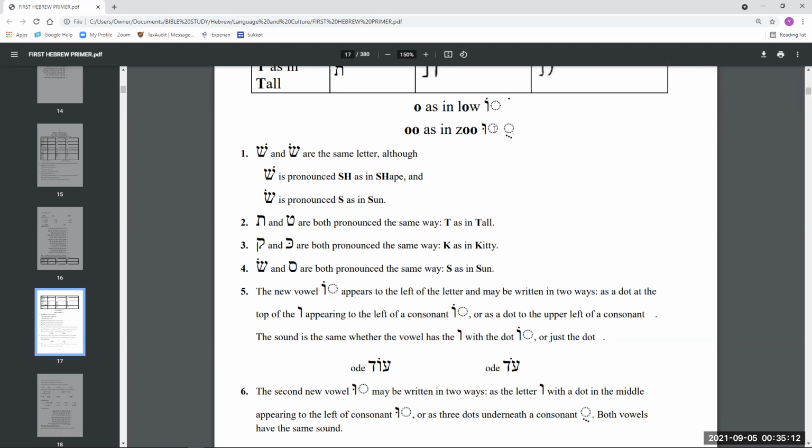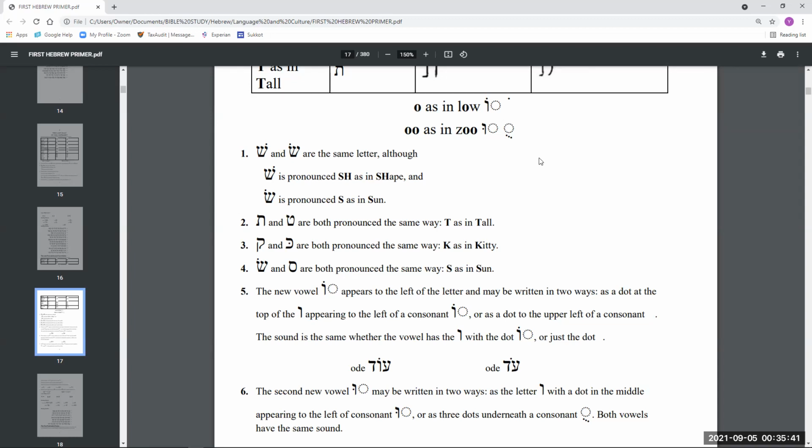And that gives us that short O sound, oo, as in zoo. And then the next O class is the kibbutz, that 3 dots on the diagonal. And that also gives us that short O sound as in zoo. So we introduced those last week.